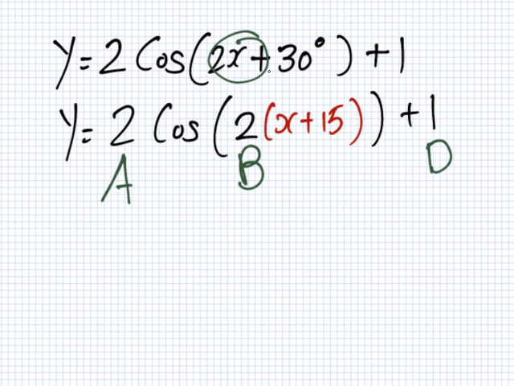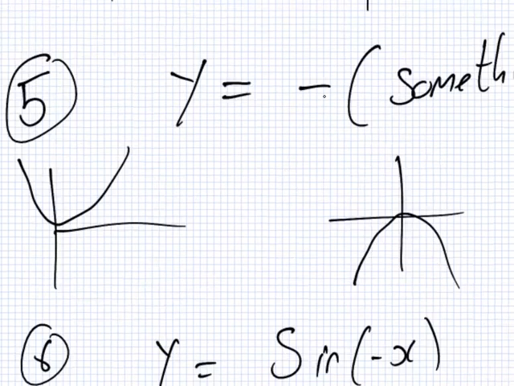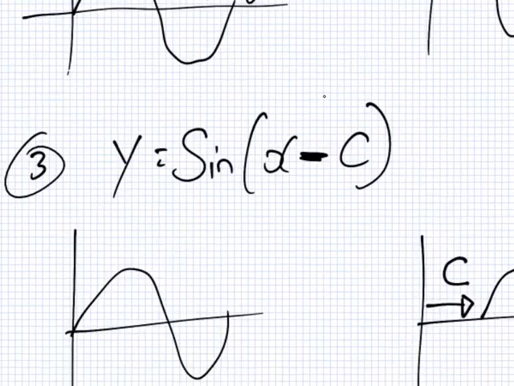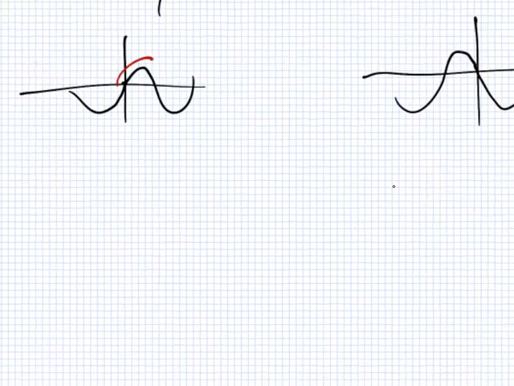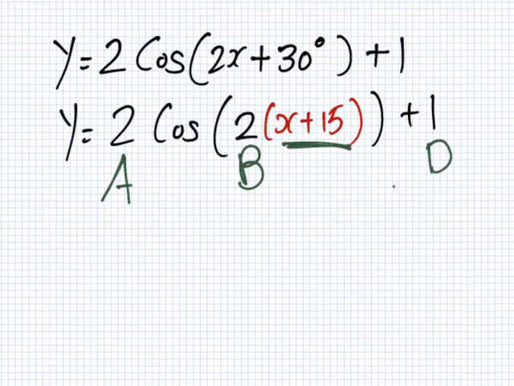So this is why I took the 2 out, because the B must multiply all of the angle. This B is the number that multiplies all of the angle, not part of the angle. So this is the reason why I had to factor it here. So this is the C, it's 15. And remember, the positive means I move the graph to the left.